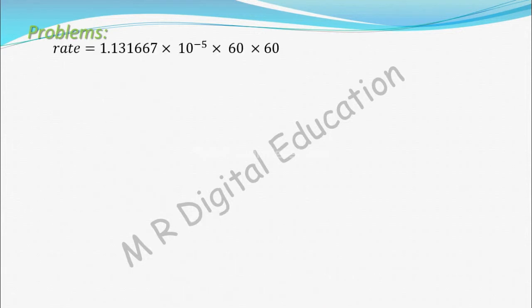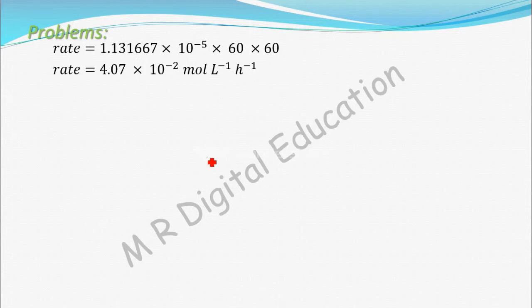After simplification of this, you will get the rate as 4.07 into 10 to the power minus 2 mole per liter per hour. This is the average rate in terms of hour.